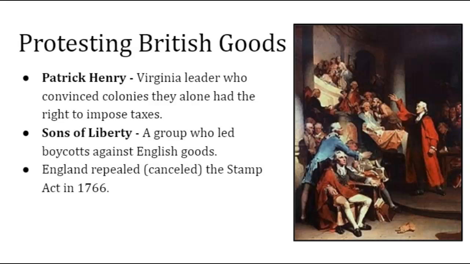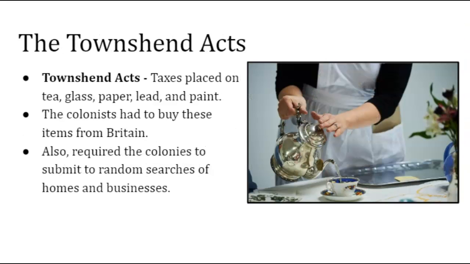In 1766, the protesters succeeded. Parliament repealed, or canceled, the Stamp Act. The colonists had taken their first major step toward independence from Britain and creating a new American identity.